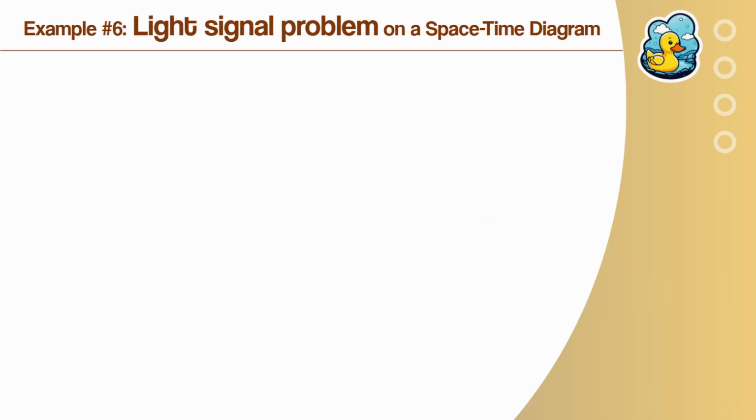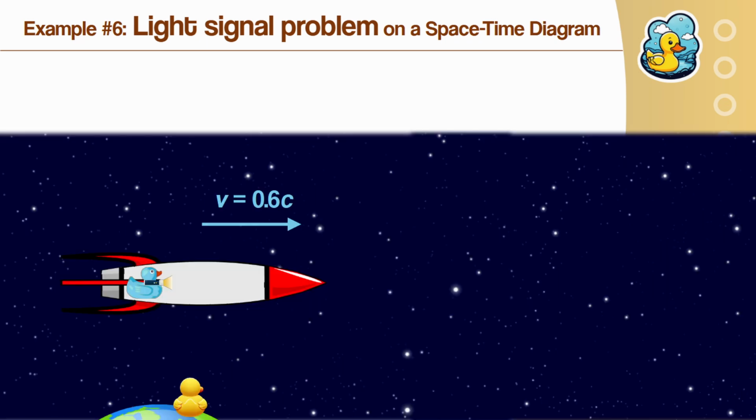The sixth example: light pulse sent in a moving spaceship. The Blue Duck is traveling inside a spaceship that moves at 0.6 times the speed of light relative to the Yellow Duck on Earth. There is a lamp at the back of the spaceship and a wall at the front, measured to be 0.3 light seconds apart in the spaceship's own frame.